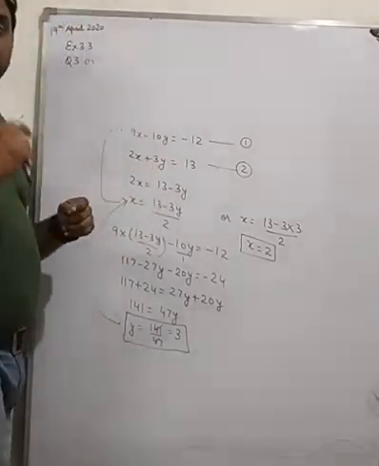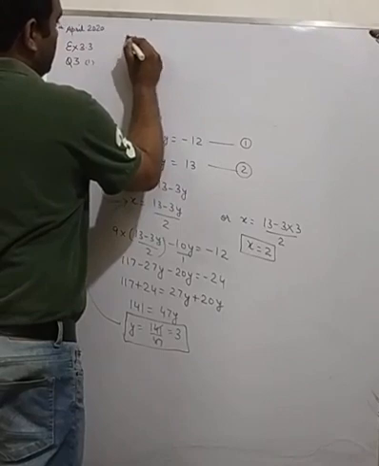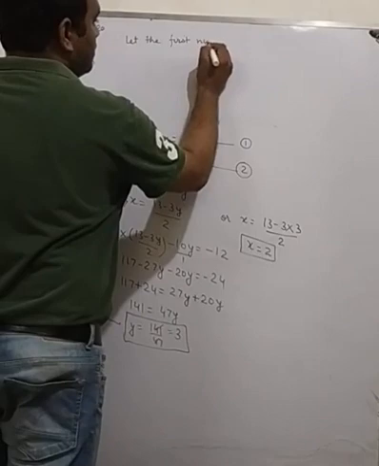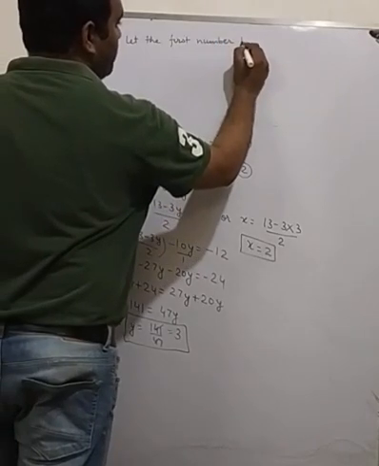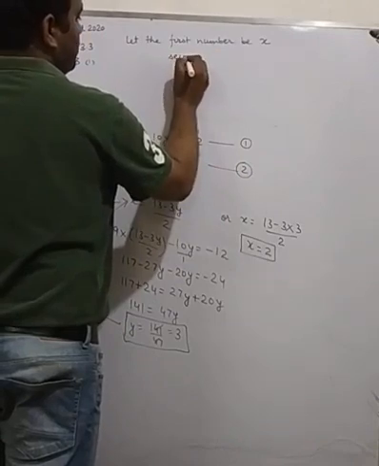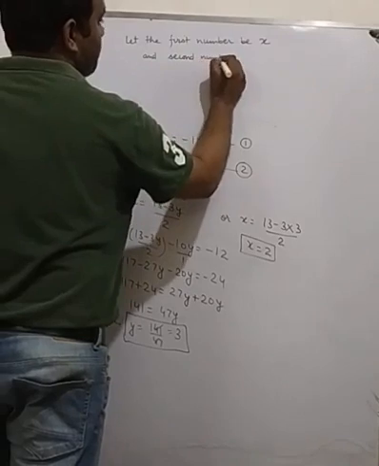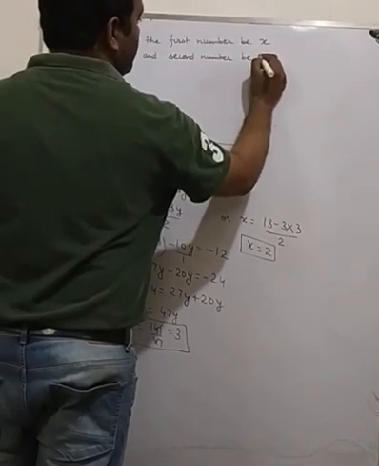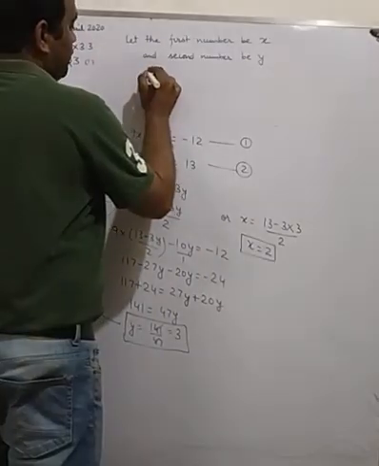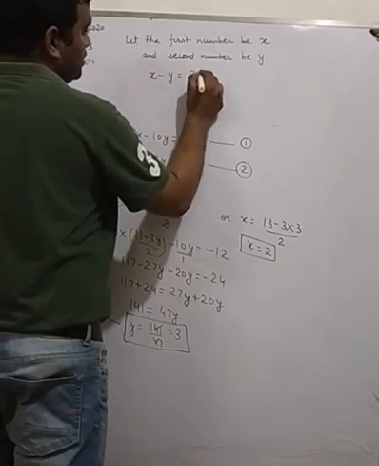Question says the difference between two numbers is 26. Let the first number be x and the second number be y. According to the first equation, the difference between the two numbers is 26.